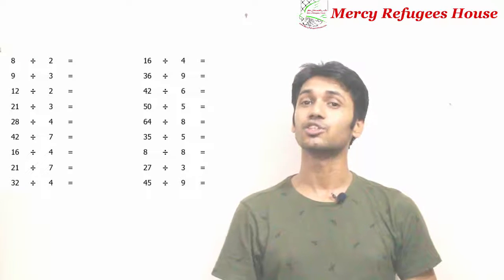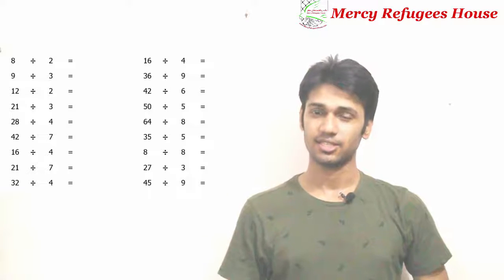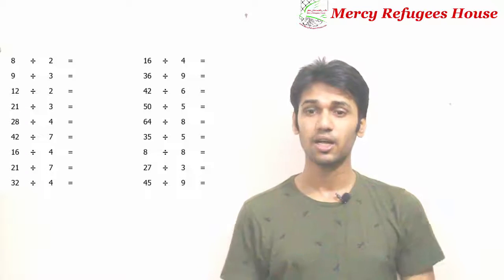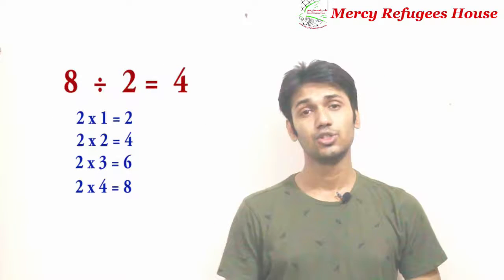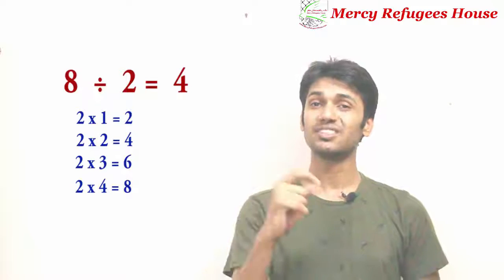You can see there are some exercises. Here you would just ask the students to do these exercises to find out whether they have understood this division process perfectly or not. Look at this very first one. 8 divided by 2. What should be the answer? The answer should be 4. Now what is the divisor here?